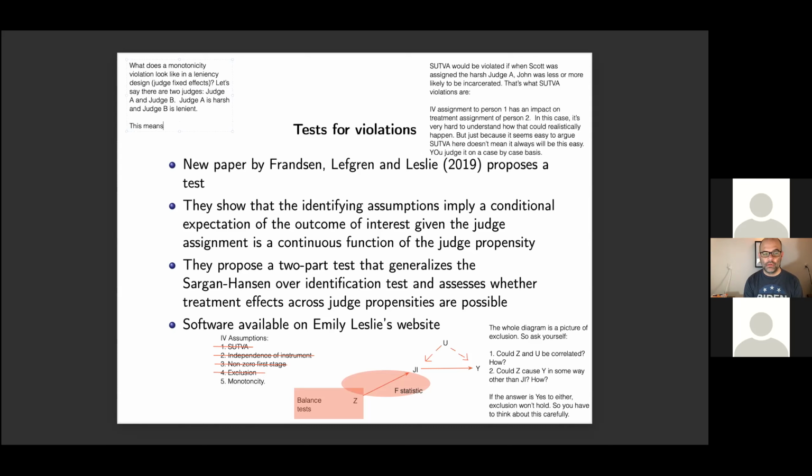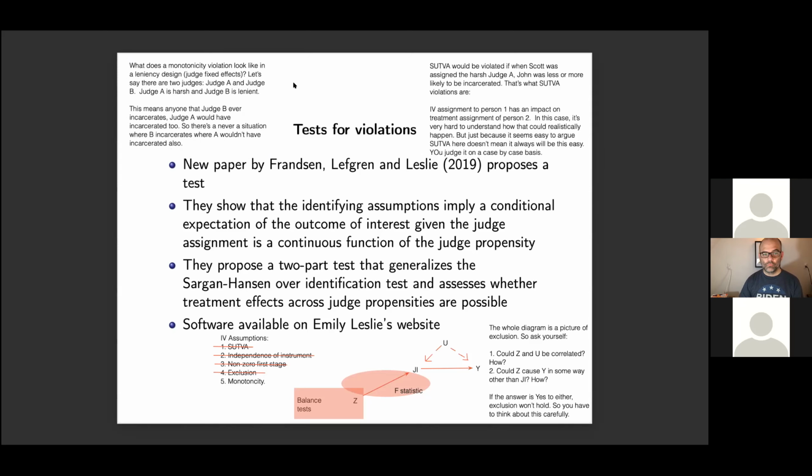This means anyone that Judge B ever incarcerates, Judge A would have incarcerated too, right? So there's never a situation where B incarcerates where A wouldn't have incarcerated also.